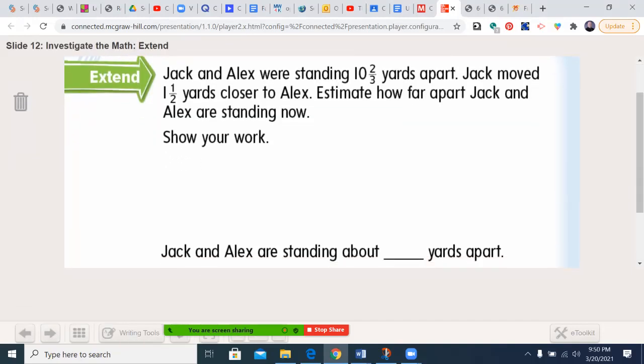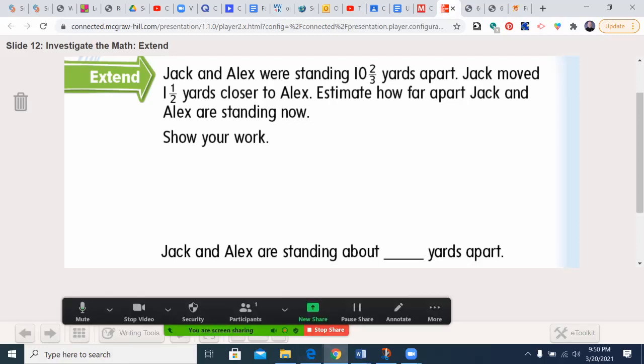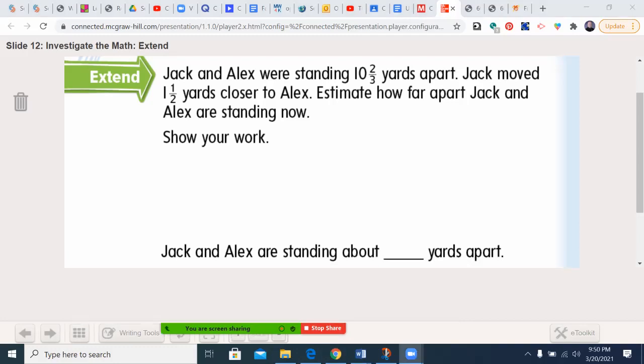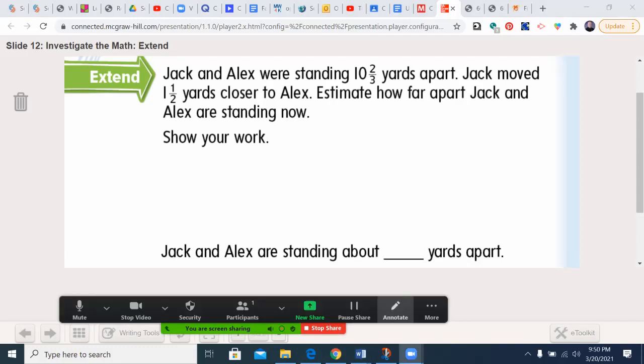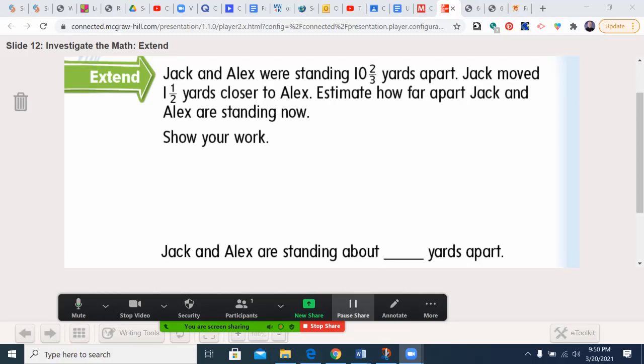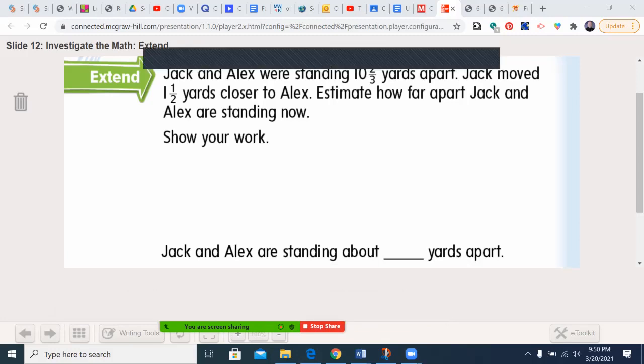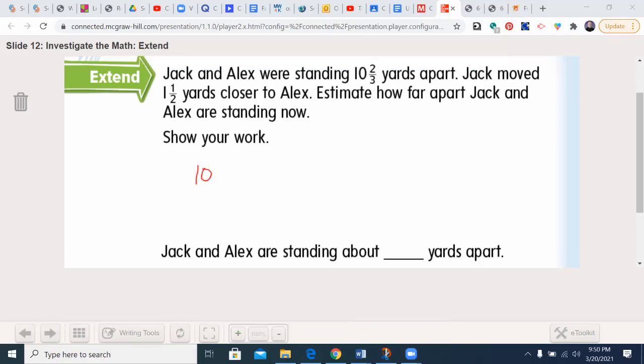All right, Jack and Alex are standing 10 2/3 yards apart. Jack moved a yard and a half closer to Alex. Estimate how far Jack and Alex are standing apart now. Show your work. Okay, so I start at 10 2/3 minus 1.5.